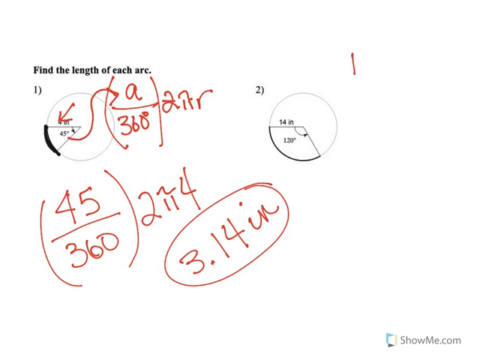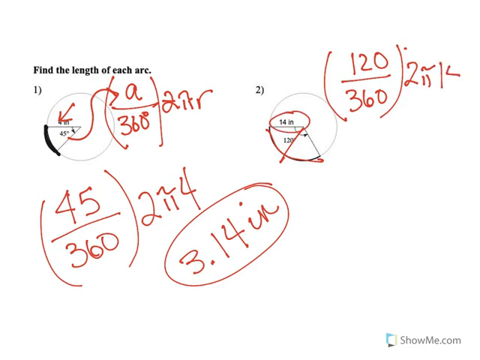So again, we're going to do 120, because that's the degree of the arc that we're talking about, over 360, parentheses, 2 pi, and in this case, 14. So parentheses, 120 divided by 360, parentheses, 2 pi 14.